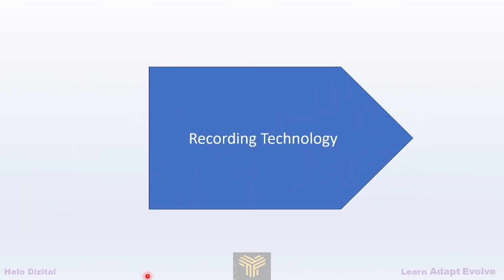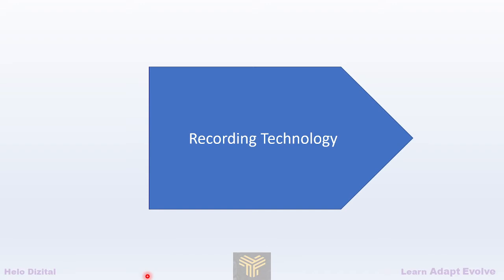Some of the RPA tools even have recording technologies, which can simply record user actions on the computer system. User actions like opening an internet browser or opening any applications, capturing or reading information from the application, or even writing or typing into the application, etc. Once recorded, the RPA tool automatically creates a series of activity steps which can be played back to mimic the actions that the user just performed during the recording.